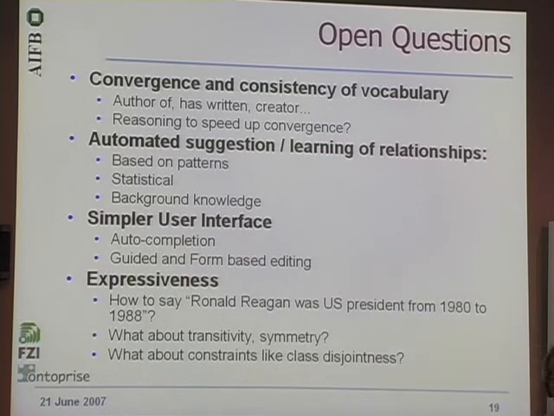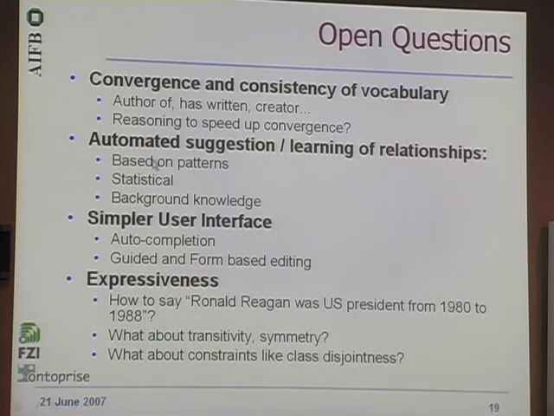And clearly, you can then exploit some techniques that are known from information extraction and ontology learning in the background to handle synonym problems and homonym problems and that kind of stuff. So that is one way of providing additional support for that process.